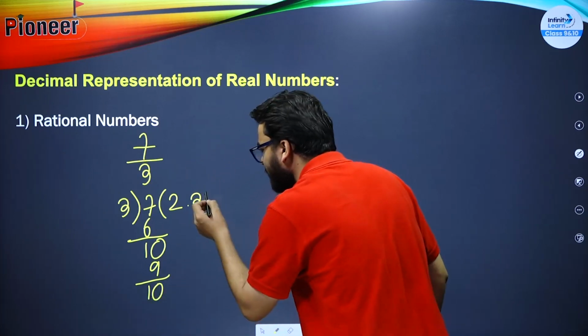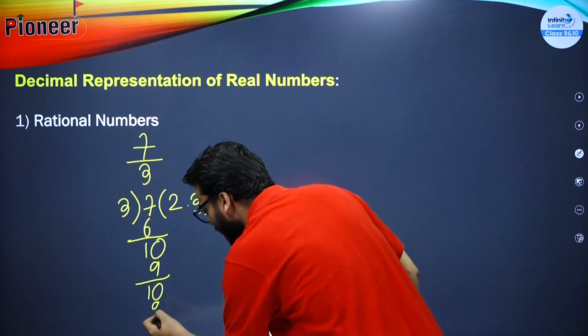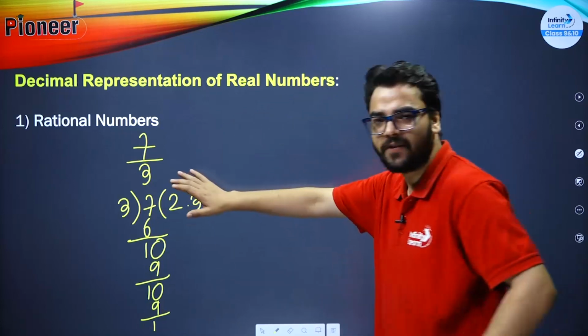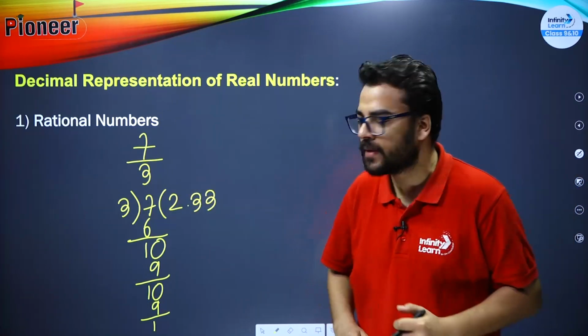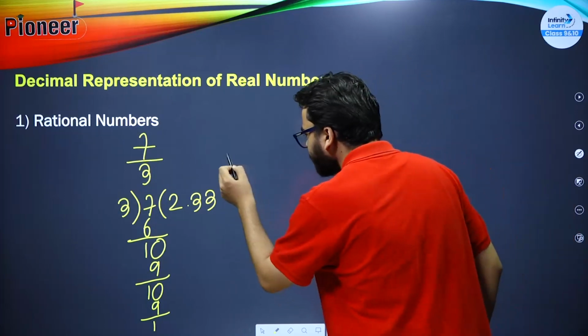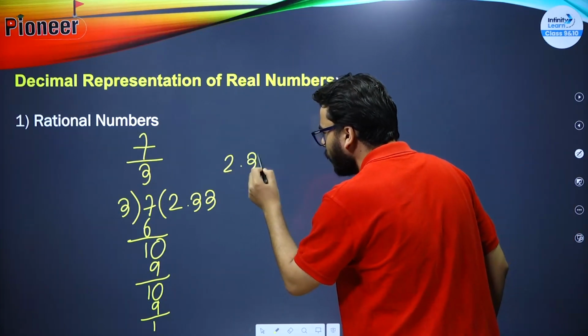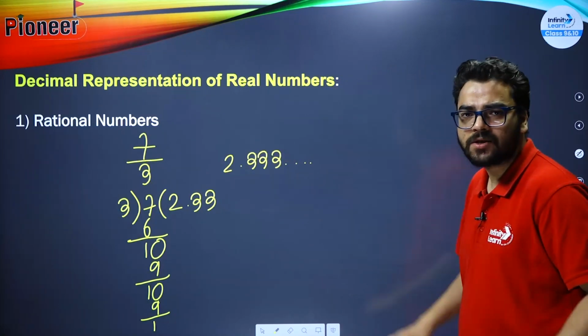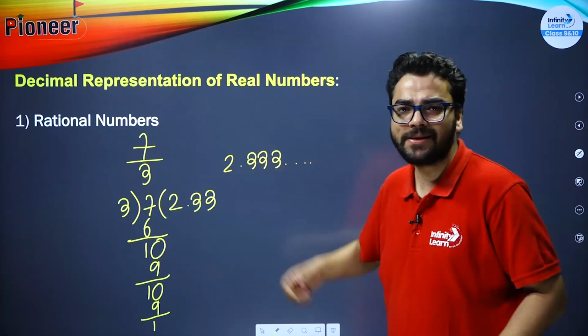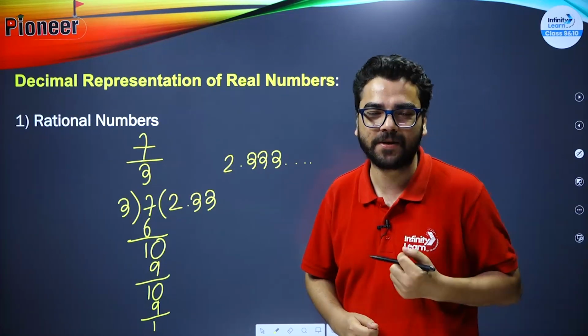Again you put 0, 3 3s are 9 and again remainder is 1. So you see it will keep on going. You will never get the remainder equal to 0. So basically, the decimal representation over here is of this form, 2.333 and so on. So this is non-terminating but repeating decimal representation.